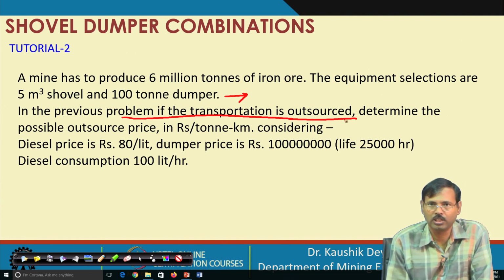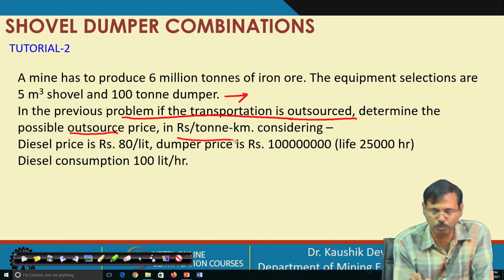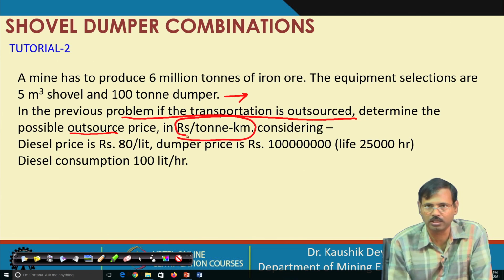That means, it will ask some contractor to procure the dumper and go for transporting the material. So, we are not considering the shovel cost here, because that is already solved in the previous lectures. We are considering only the transportation cost, and the outsource bid has been asked, the transportation cost has to be given in rupees per ton kilometer.